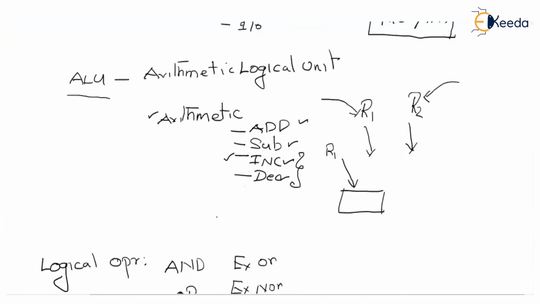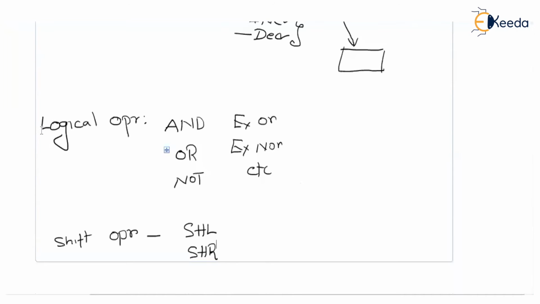So if you want to design an ALU, you need to design three different units. One unit is an arithmetic unit in which all the arithmetic operations such as addition, subtraction, incrementing and decrementing will get performed. You need to design one logical unit in which all the logical operations such as AND, OR, NOT, XOR, XNOR, etc. will get performed.